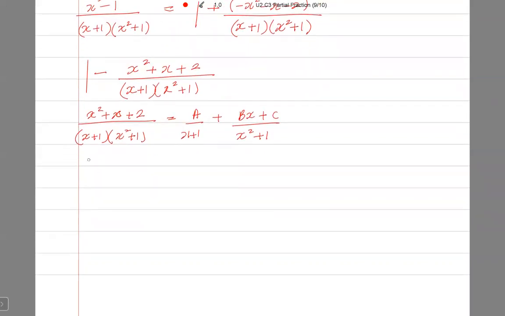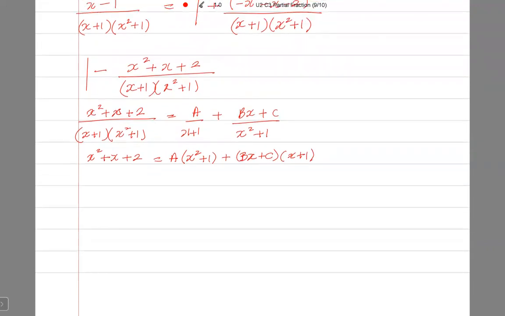I'm going to end with x squared plus x plus 2 is equal to a into x squared plus 1 plus bx plus c into x plus 1.